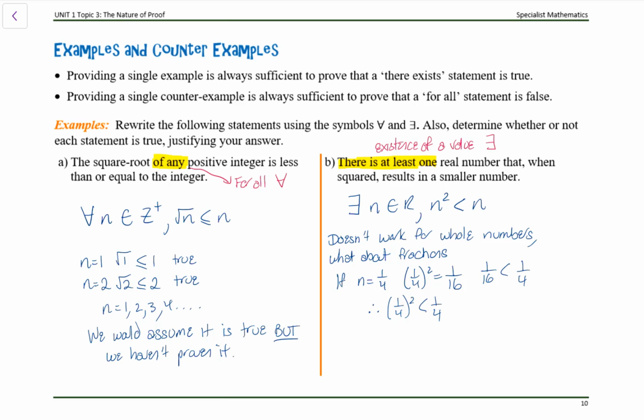I only need one single example. So therefore, this statement is true, as shown by the existence of a single example. N equals a quarter.